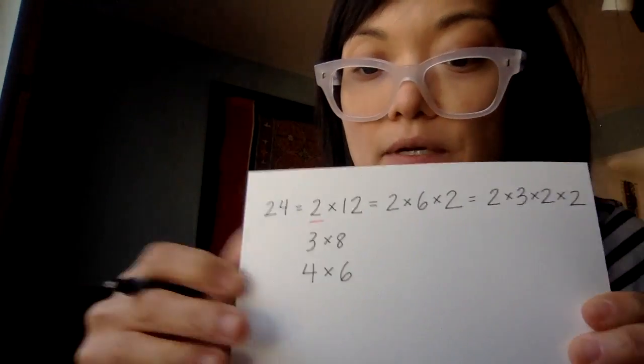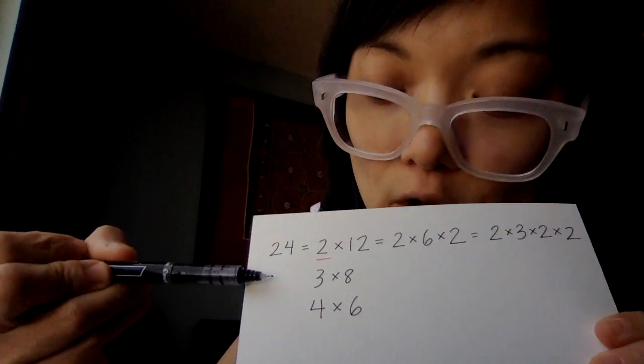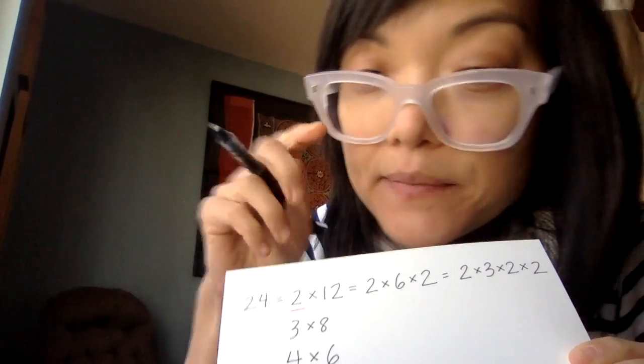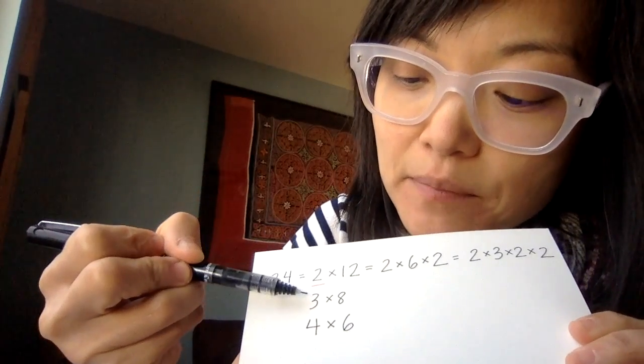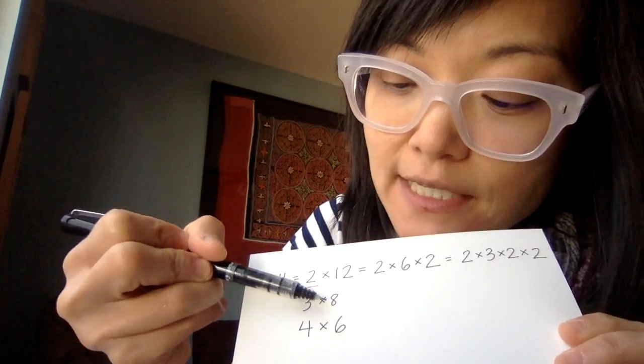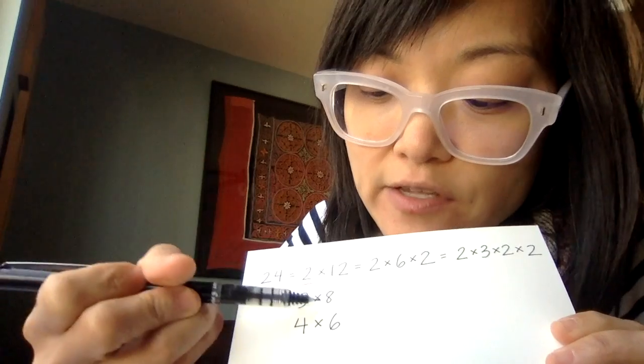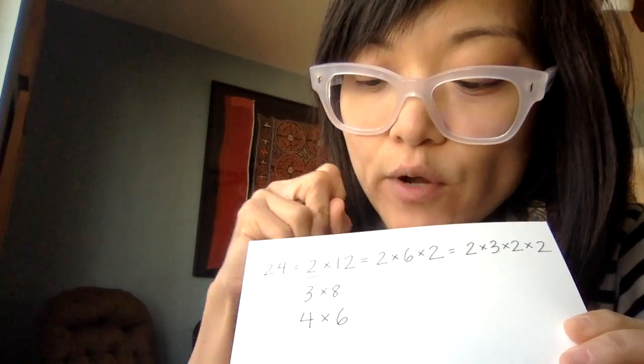Let's look at the next group. We have 3 times 8. Well, we know that 3 is a prime number, so we'll keep that number 3. But let's break down the number 8 to find prime numbers, okay? So 3 times 4 times 2. 4 times 2 is 8.